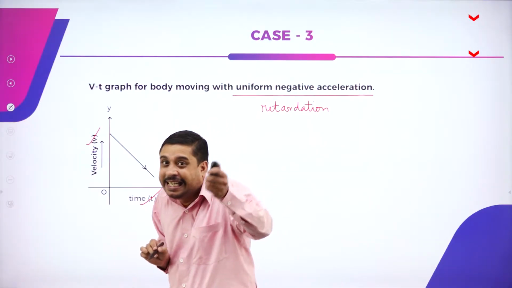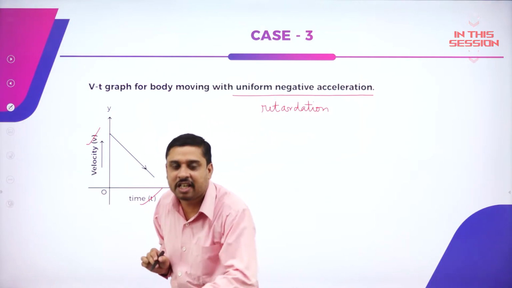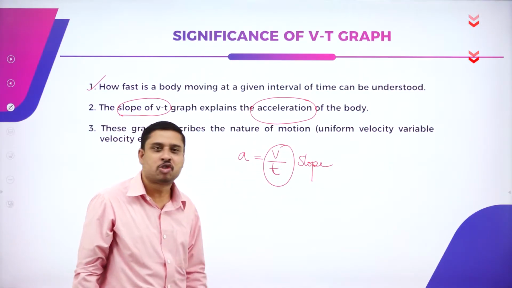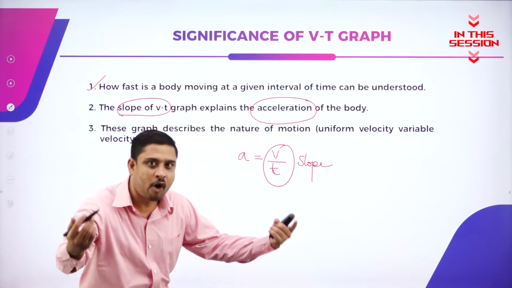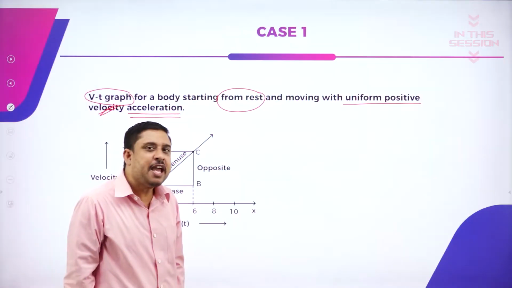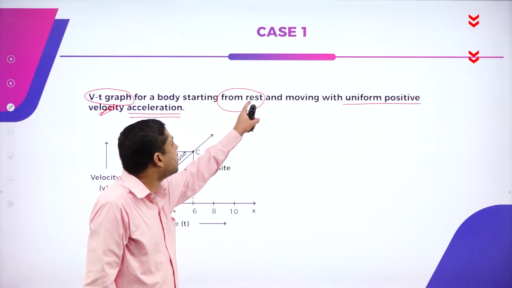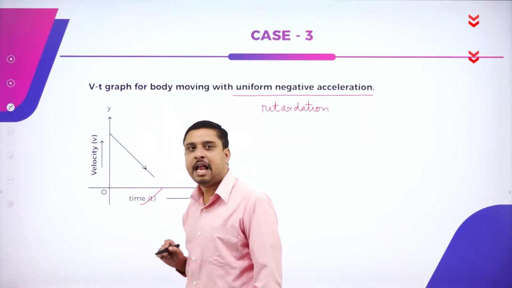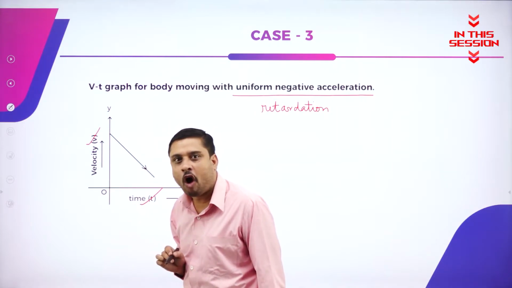Now it is getting decelerated, retardation, and this graph describes the nature of motion. As I told, maybe uniform motion, non-uniform motion. If I bisect the given condition, it has to start from rest, time along x-axis, velocity along y-axis.